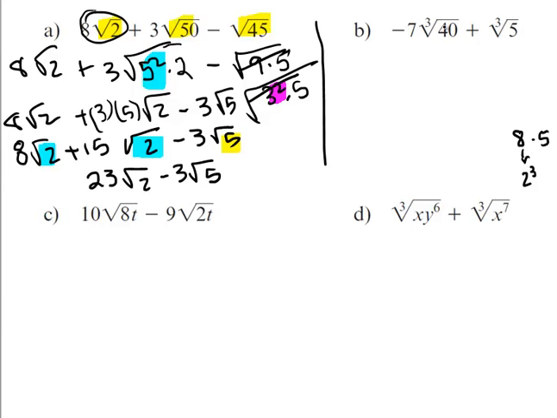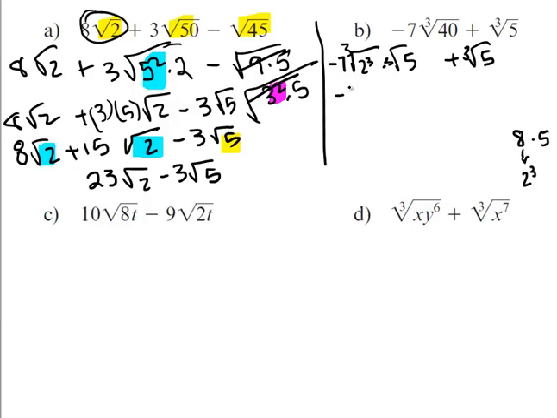And I had good background knowledge that 8 was hiding in there. So I'm going to rewrite this, negative 7 times the cube root of 2 cubed times the cube root of 5 plus, and we're just going to leave this because there's no coefficient and it won't get any smaller.